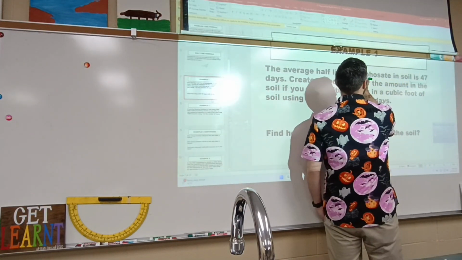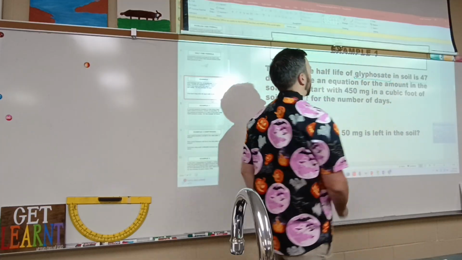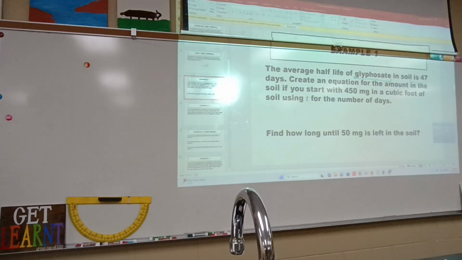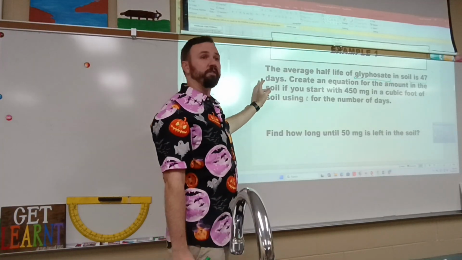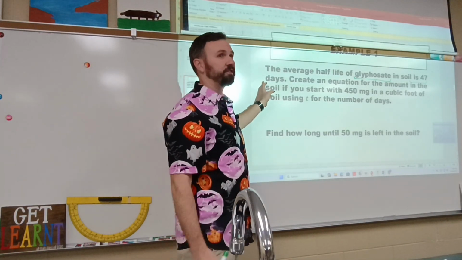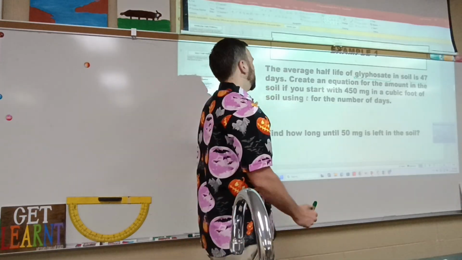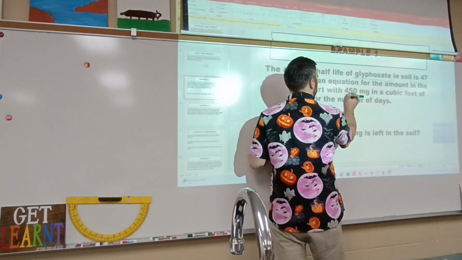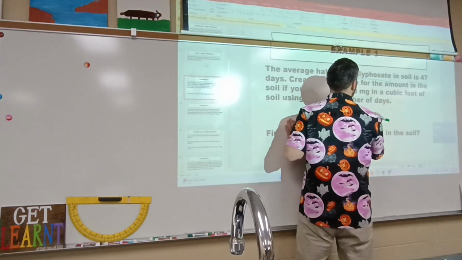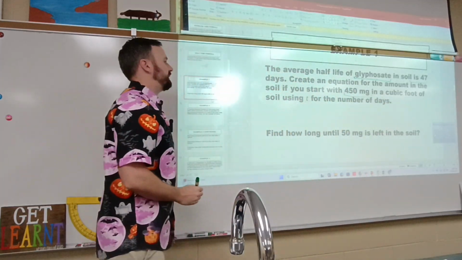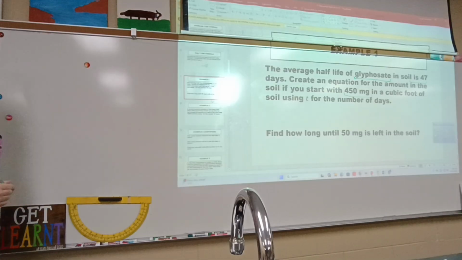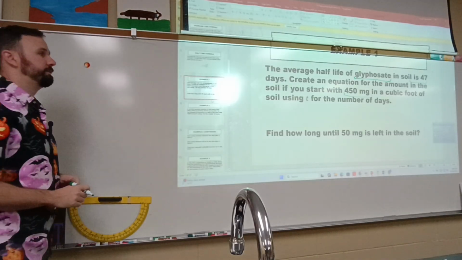Do you guys know what that is? That's Roundup. I was thinking a different chemical. So it stays in the soil, and its half-life is 47 days. It never entirely leaves. So if you throw in 450 milligrams per cubic foot, let's make an equation for that.